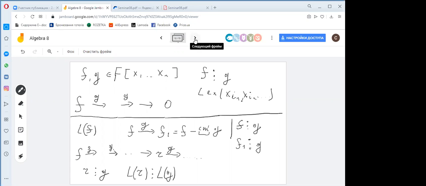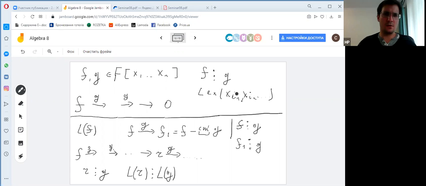Yes. And this does not depend on our ordering. Of course, in any ordering, this proof is correct. And maybe the only gap is that we should go to a remainder.